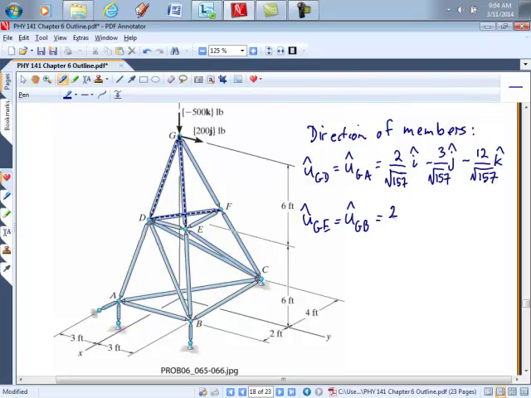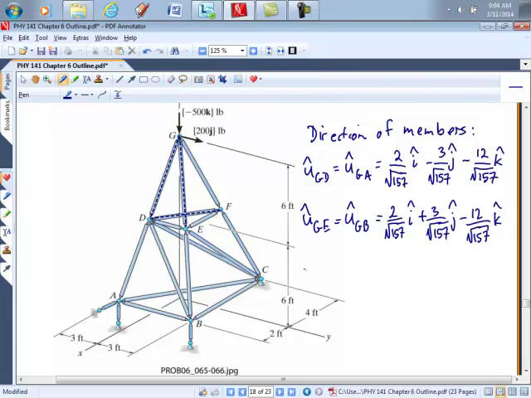So it'd be 2 over root 157 i hat plus 3 over root 157 j hat minus 12 over root 157 k hat.